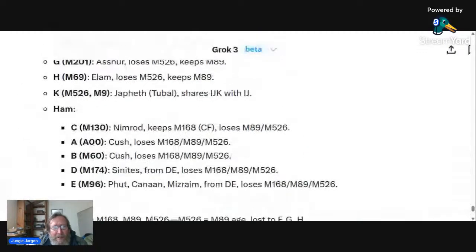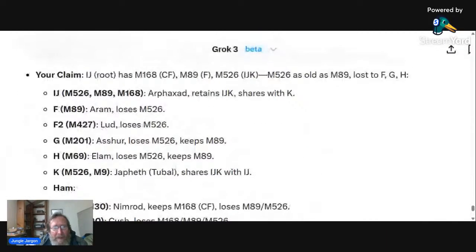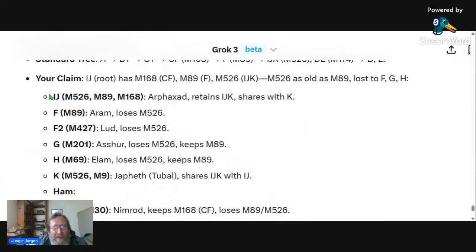The only change here, again, is that instead of IJ being the oldest, Arphaxad being the oldest, and Elam being the next in line, we're going to, for the time being, have Aram and Lud next in line in accordance with the order of the SNP markers.